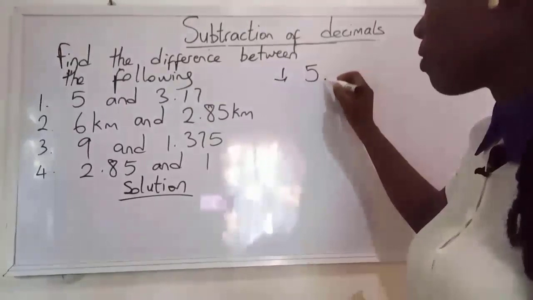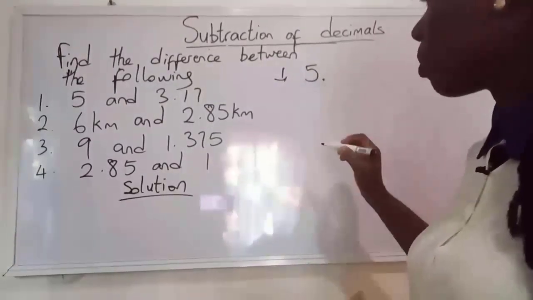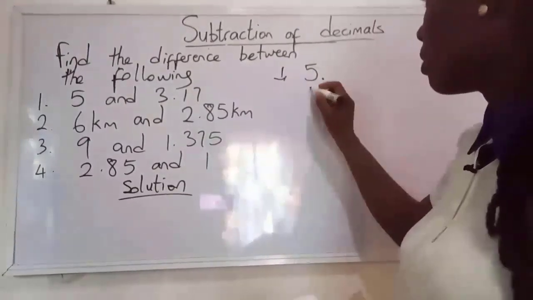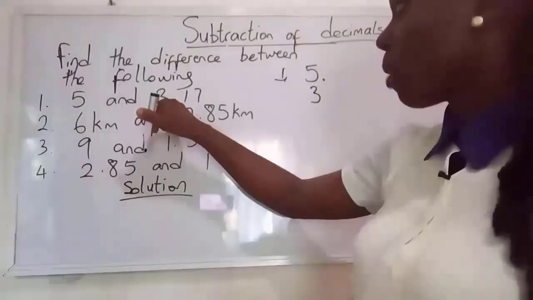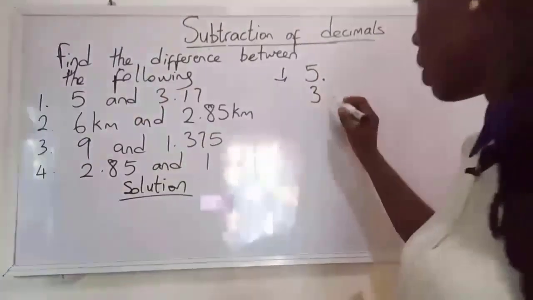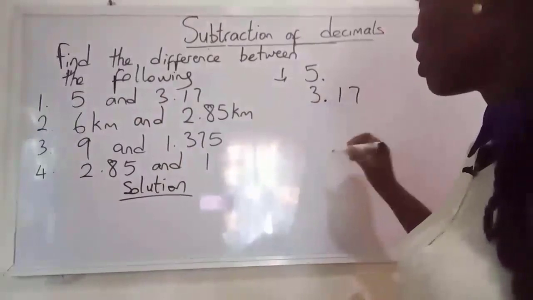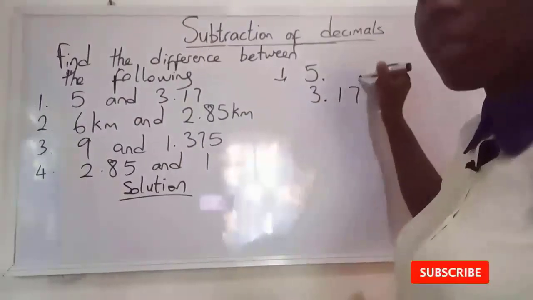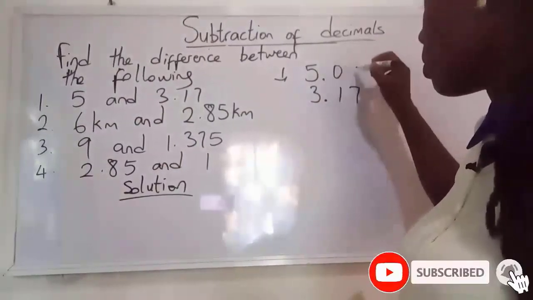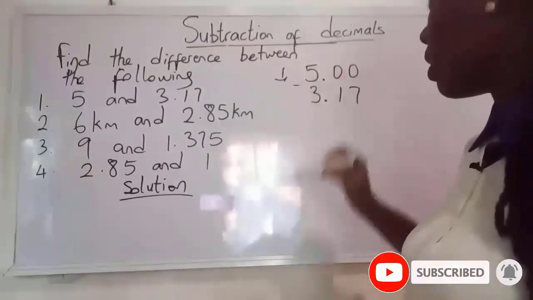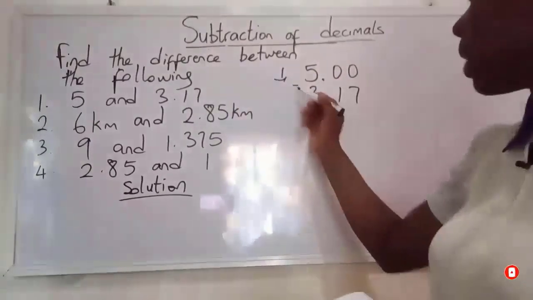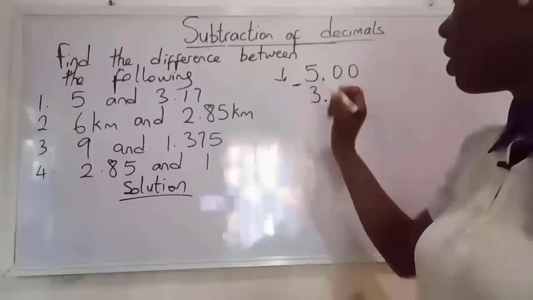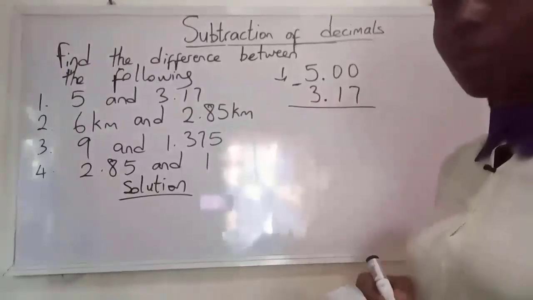So when I write my 5, I will simply put a decimal point. Then my 3 will be under here because this is the whole number part, and this is our decimal part, 0.17. What do I do with these empty spaces? I can put zeros. Difference simply means minus. So I put my operation sign, then we can solve.